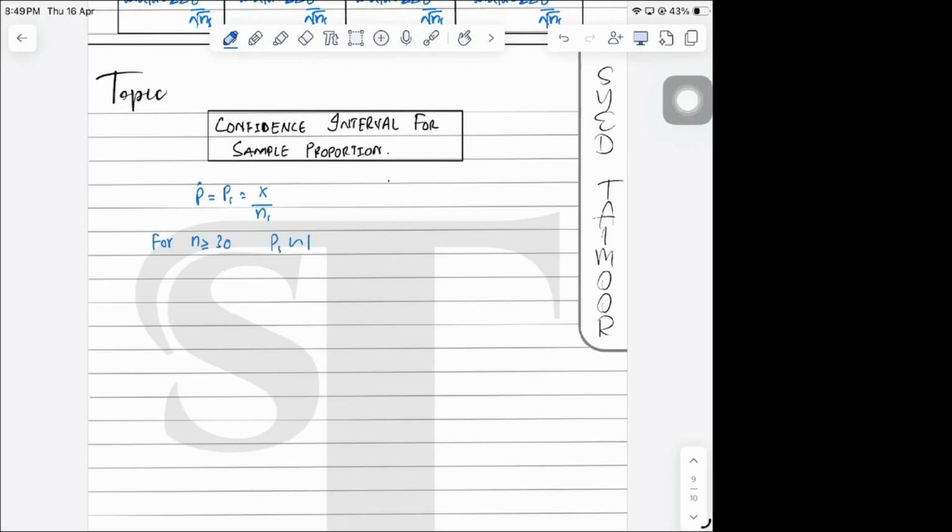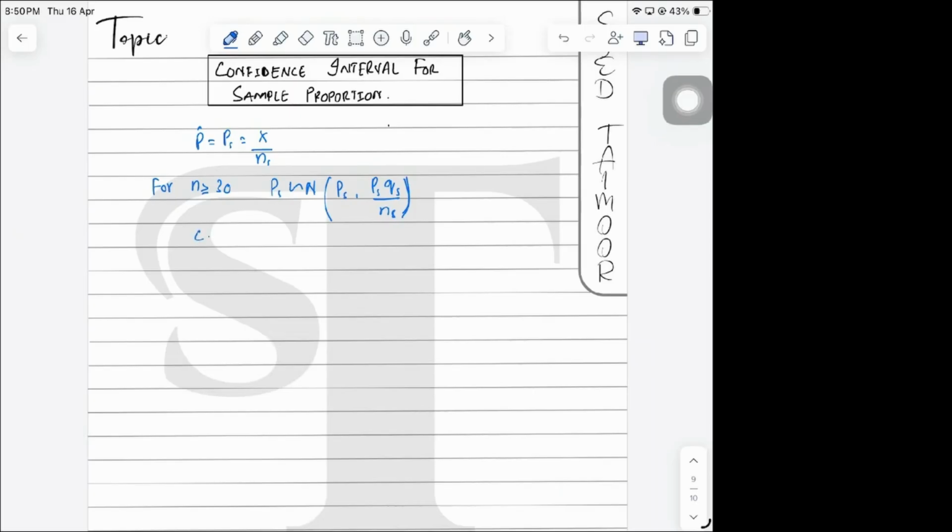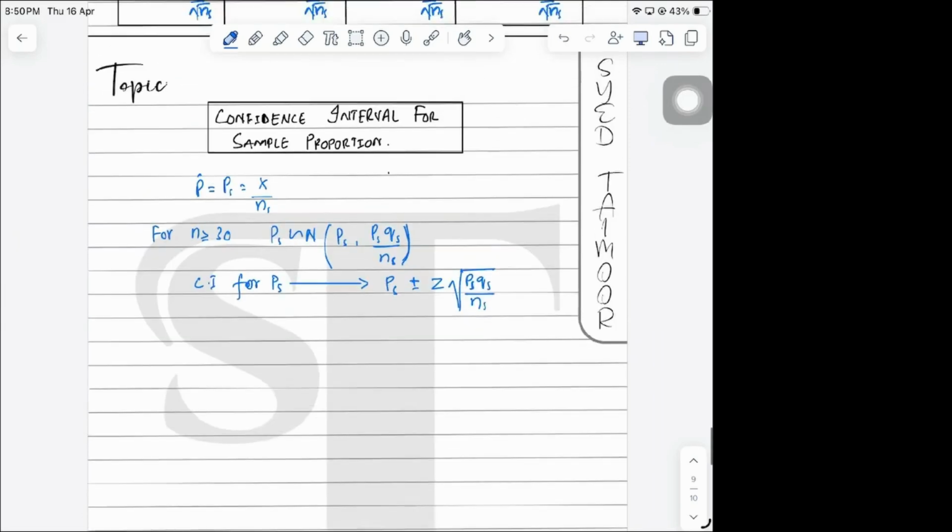So Ps follows a normal distribution with Ps, PsQs over Ns, and the confidence interval of Ps plus minus the square root of PsQs over Ns. By this way we can calculate the confidence interval of the sample proportion.